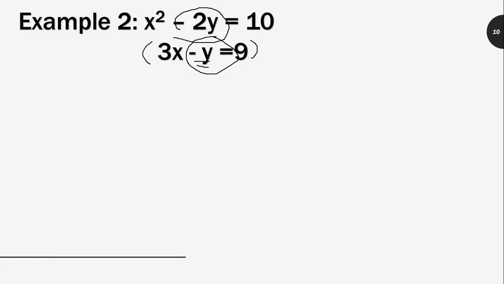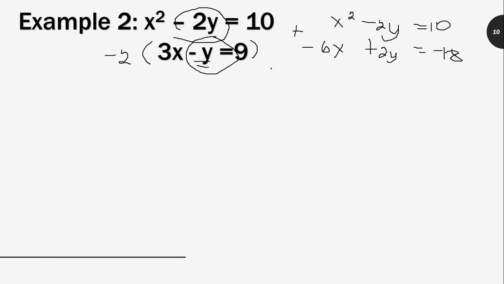So I have to multiply it by negative 2. X squared minus 2y is equal to 10. Then negative 2 times 3x, we got negative 6x. Negative 2 times negative 2y, positive 2y is equal to negative 2 times positive 9, negative 18.